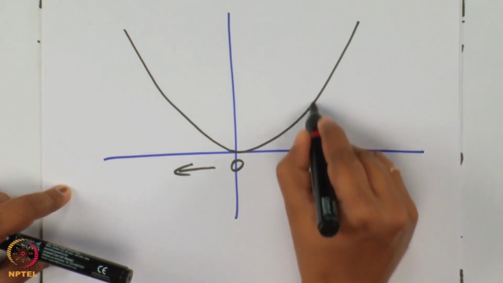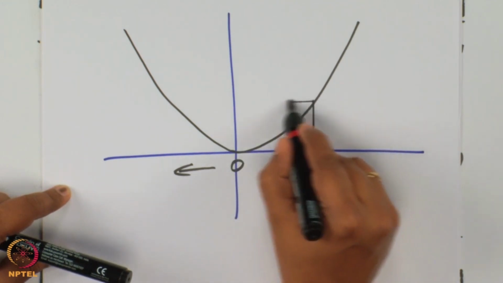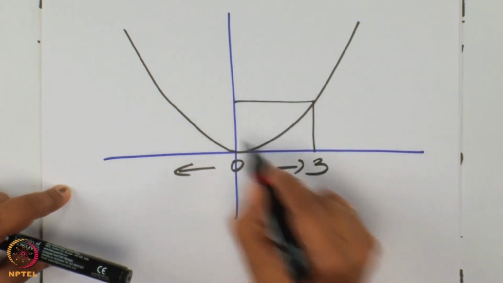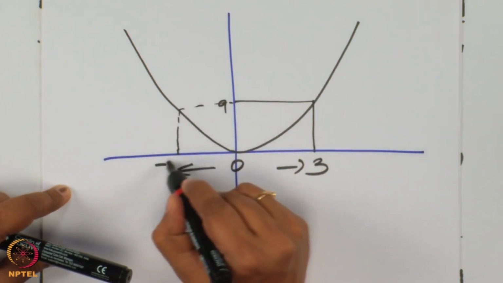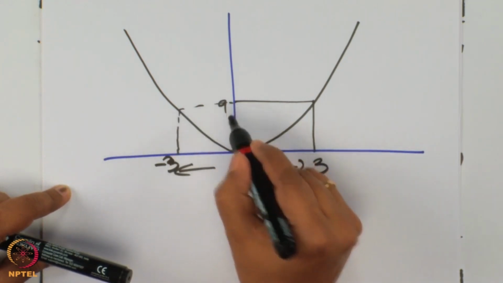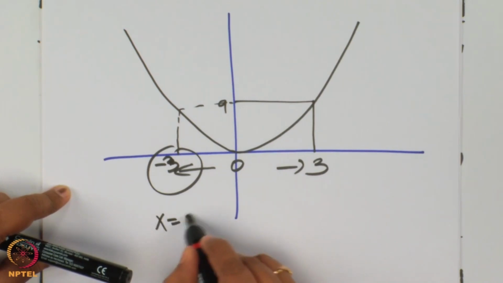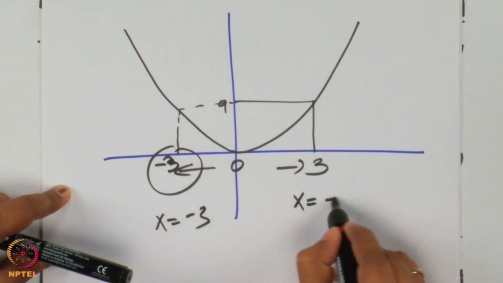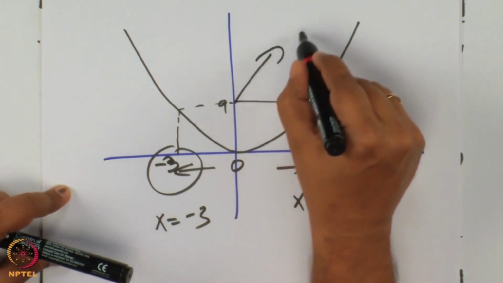Whatever the x value, if x value is 3, there will be 9. So if this is 3, this is 9. For the corresponding x value, if x is minus 3, the y is also 9. So this x is equal to minus 3, this x is equal to plus 3, and in both cases y is 9.